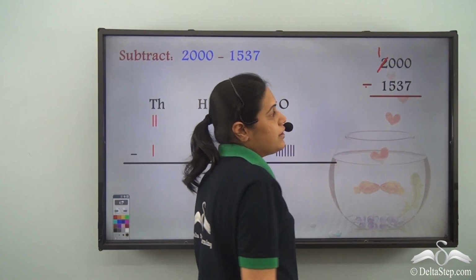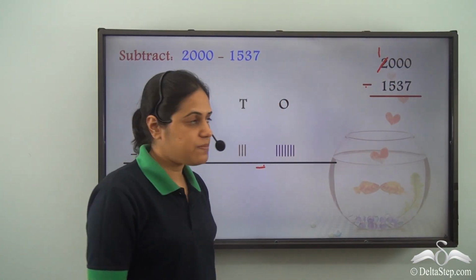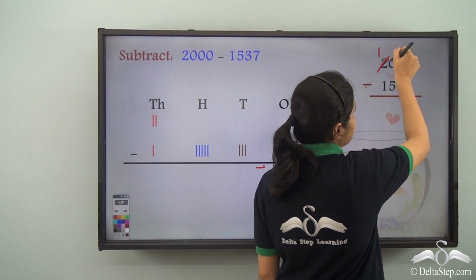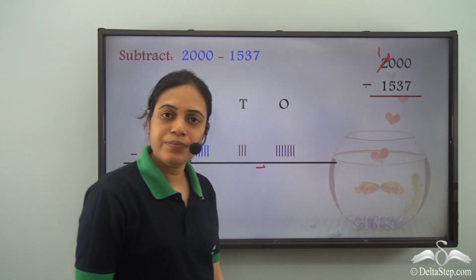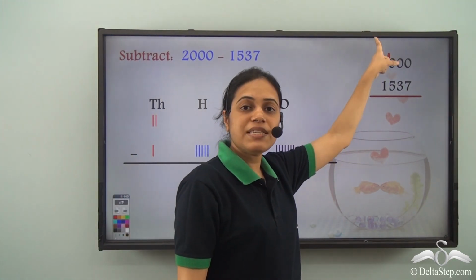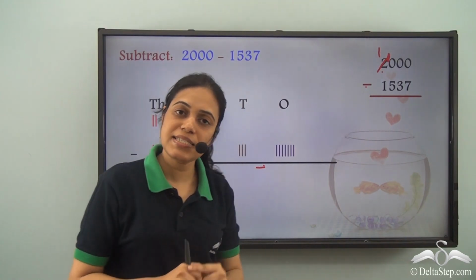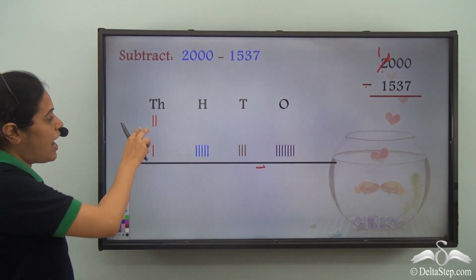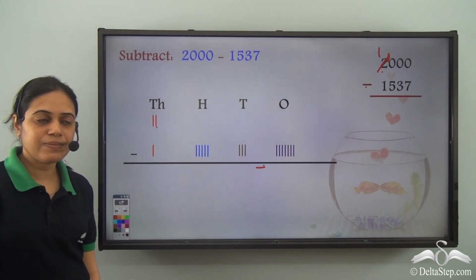So what do we do? We take away 1 from the thousands place, and this 0 of the hundreds place becomes 10. So now in the thousands place I have 1 and the hundreds place has 10. Originally I had 2 in the thousands place.